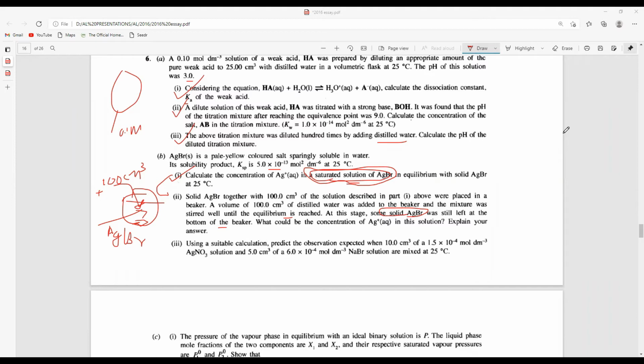After you do all these things, adding AgBr and adding water, still if some AgBr is remaining, what does that mean?